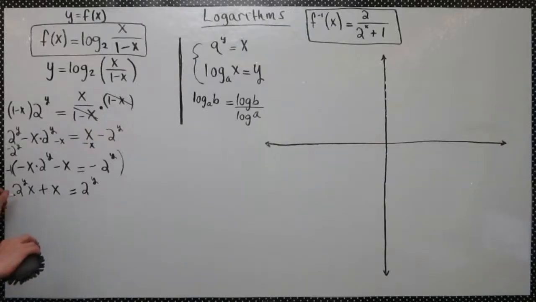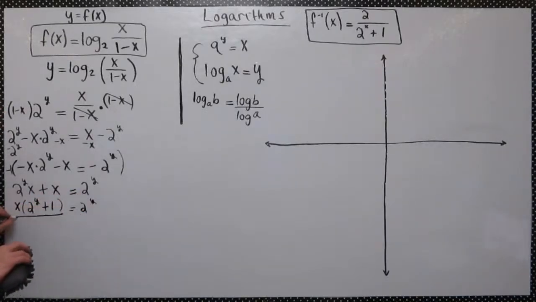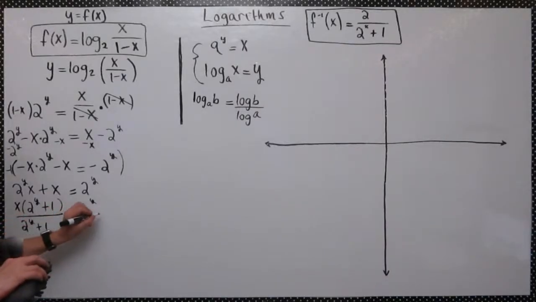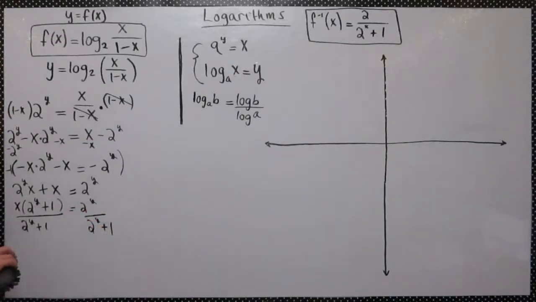Then, if I factor an x out of both of these, I'm going to get x times (2^y plus 1). And then we're dividing off the quantity 2^y plus 1. So we have x equals 2^y over 2^y plus 1.